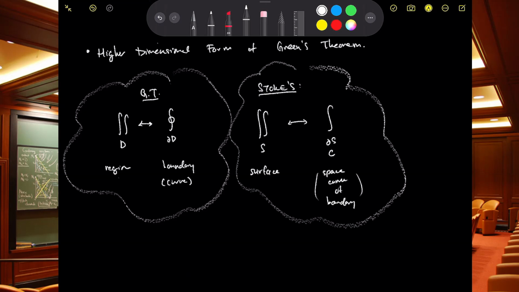So it really is just a higher dimensional form of Green's theorem. The surface kind of gives a normal vector, which gives us the orientation for the space curve. All right. But we're going to move into the formal statement of Stokes' theorem with all the caveats and things that need to be in place for it to apply right now.